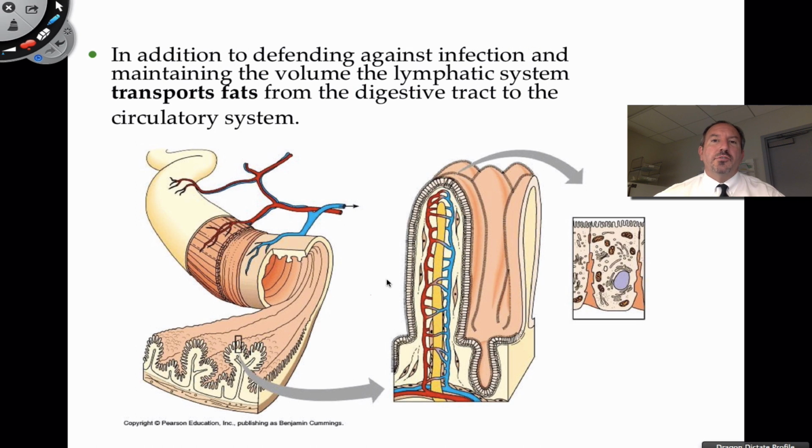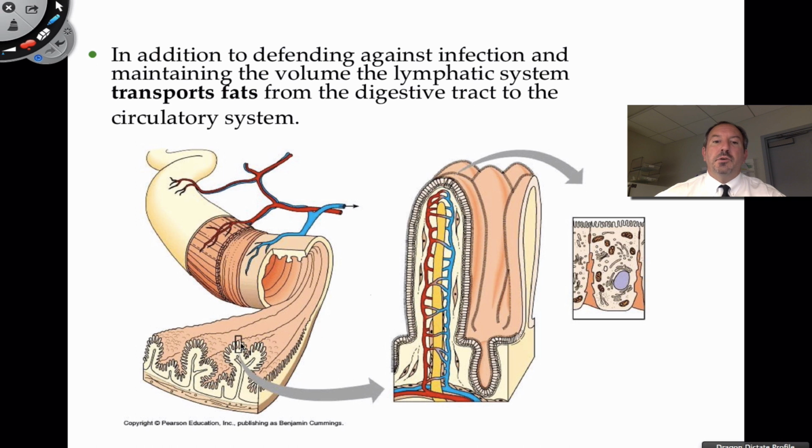And so I also wanted to point out that you might be familiar with, if you've had a chance to study the digestive system, here's a picture of the small intestine. You might recognize the certain layers here. This is the muscular area, the longitudinal and circular. This is the mucosal layer, and then the submucosa.